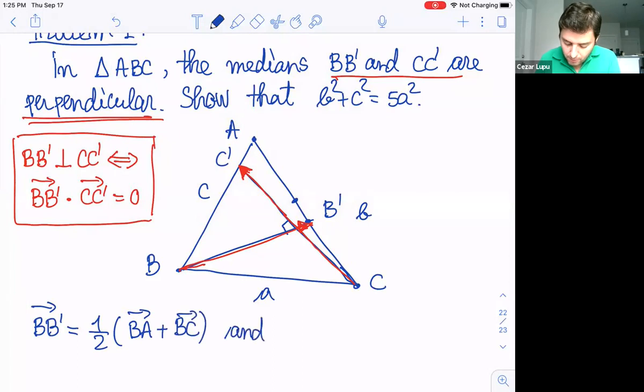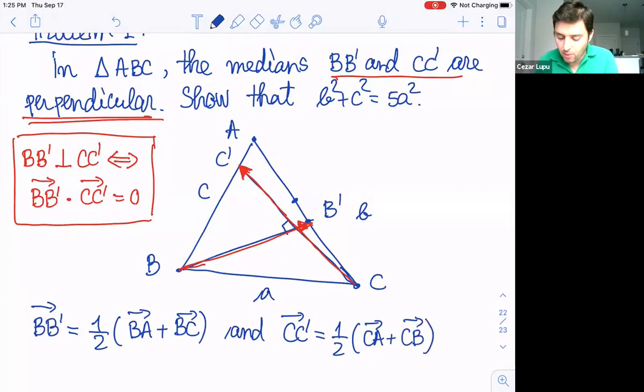And CC' vector is 1/2 times (CA vector plus CB vector). Pay attention to the orientation here, because I'm starting from C. CB vector is not the same as BC vector, it's minus BC vector. Keep that in mind. The orientation is very important.